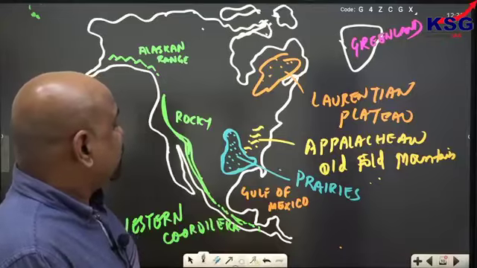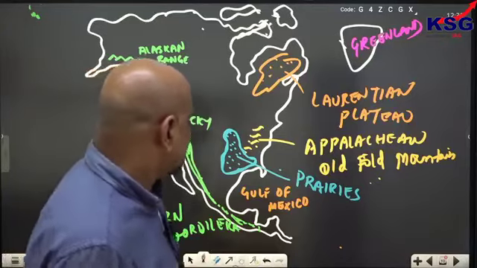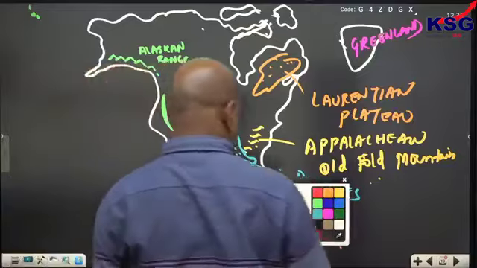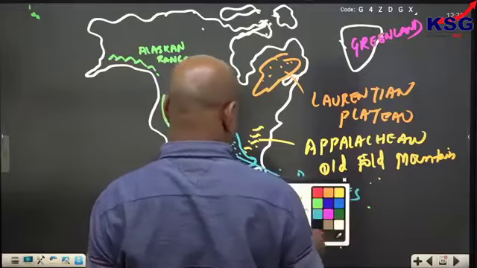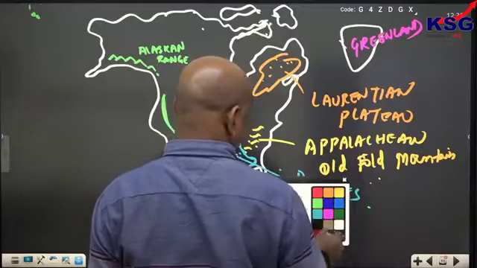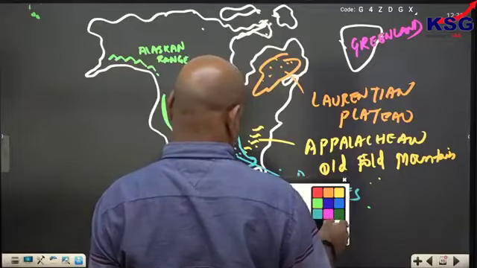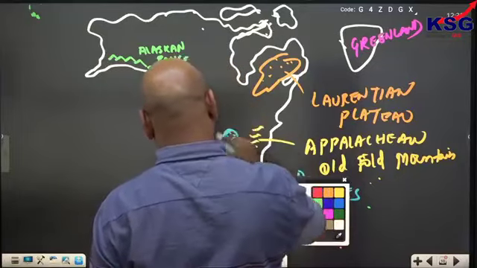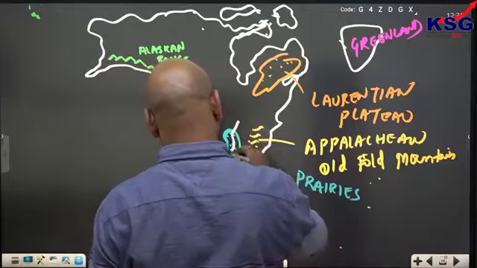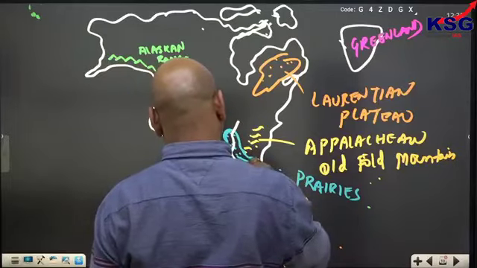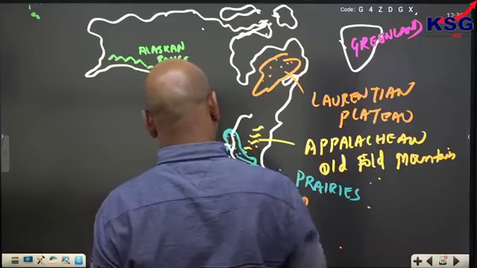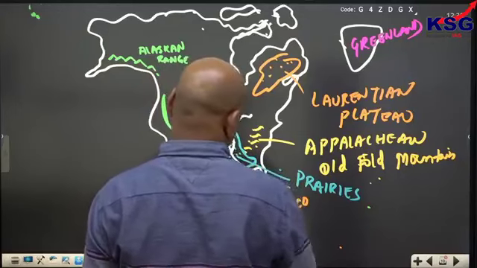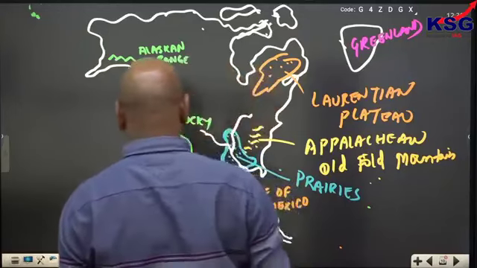This is the prairie region in which a river flows, drains in this part. You remember the name of the river? इस रिवर का नाम क्या है? मिसिसिपी मिसोरी.